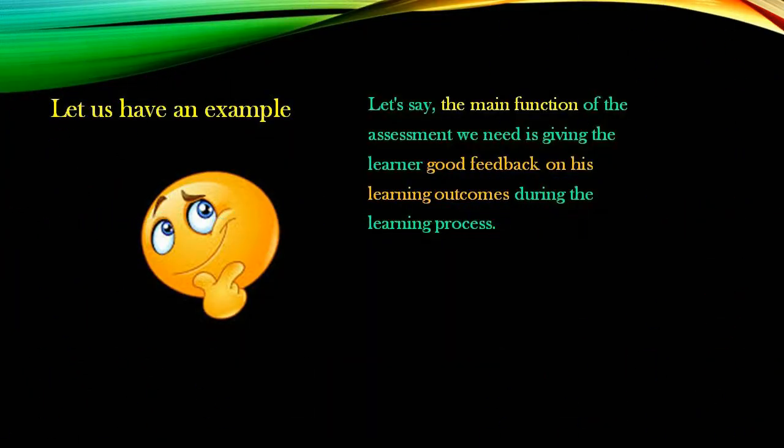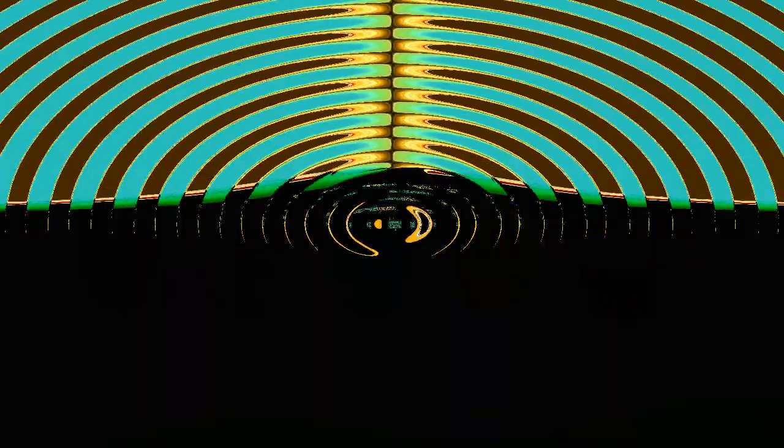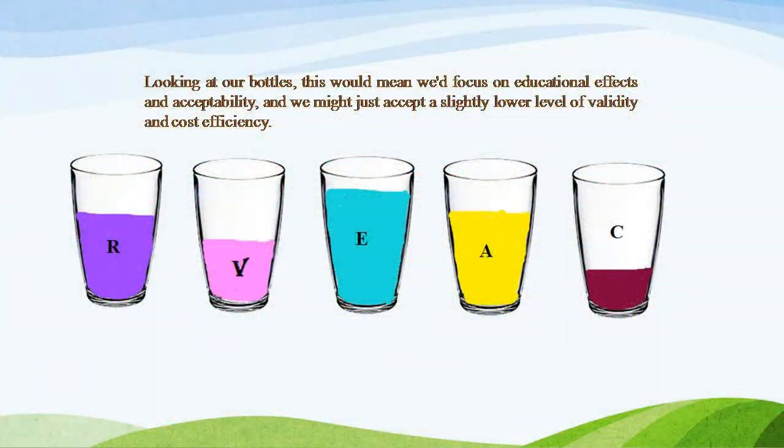So let's have an example. Let's say the main function of the assessment we need is giving the learner good feedback on his learning outcomes during the learning process. Look at our bottles. This would mean we'd focus on educational effects and acceptability, and we might just accept a slightly lower level of validity and cost efficiency.